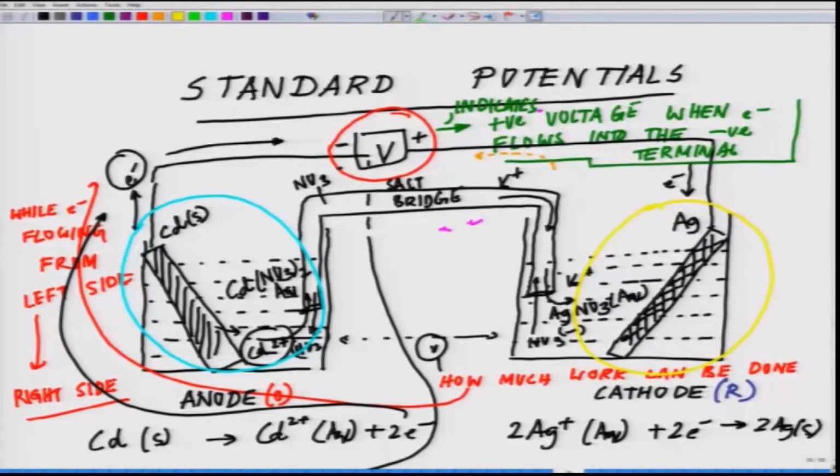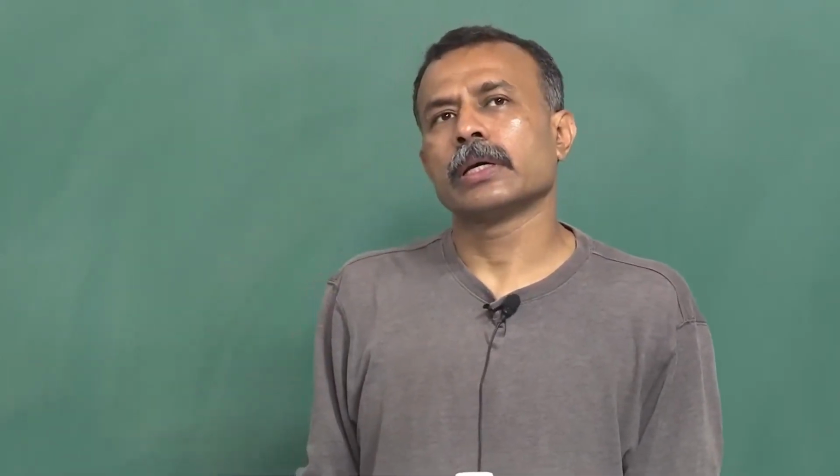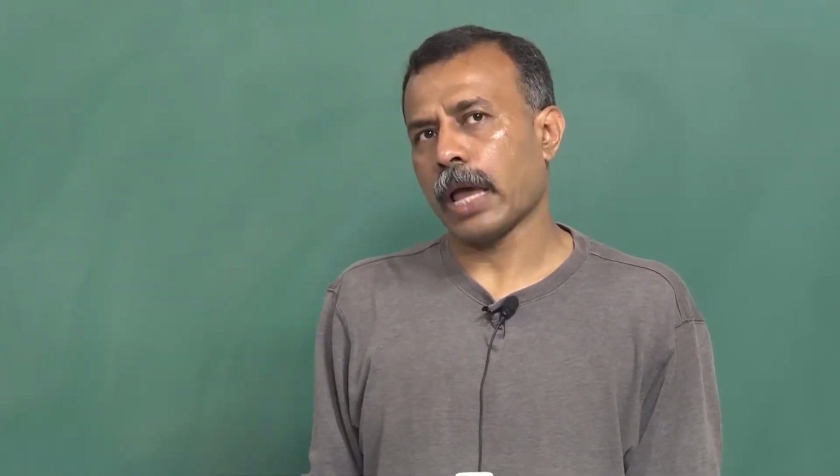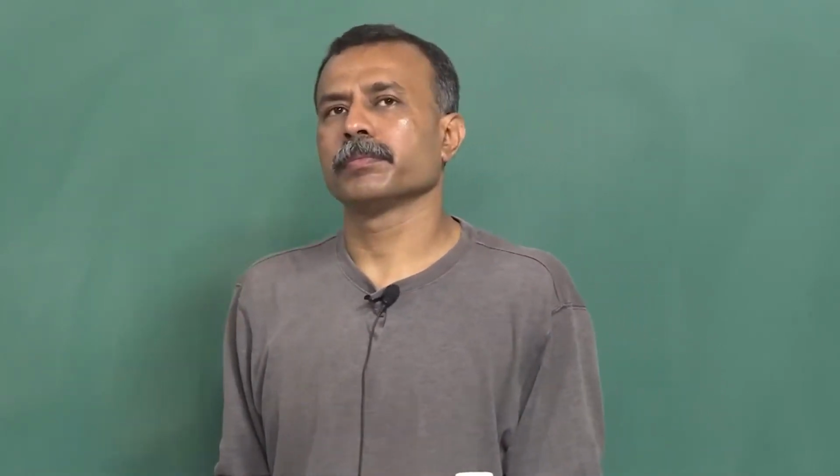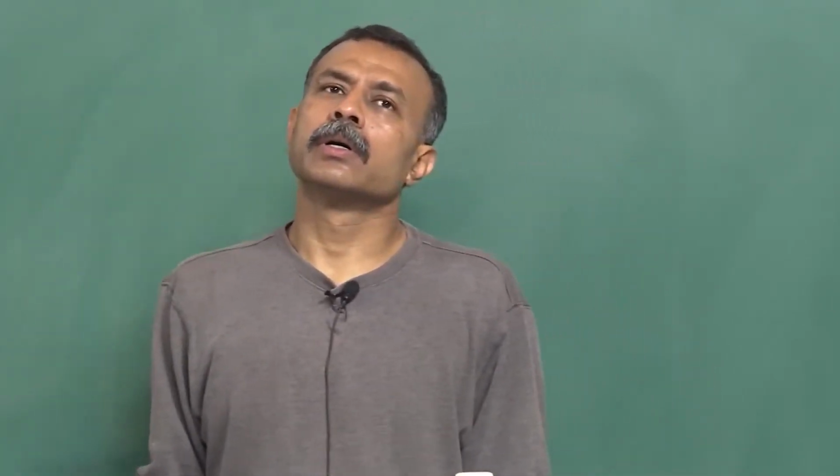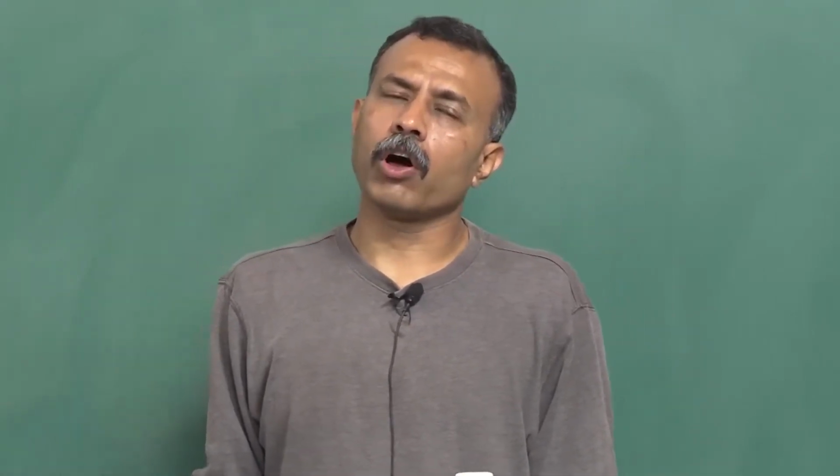So, in other words, if I have to give a philosophical analogy, the power of silver to accept electron is higher as compared to cadmium. And the reverse statement, the power of donating electron of cadmium is higher than silver. Now, it is a relative parameter.